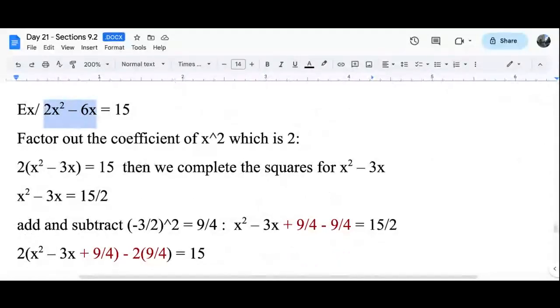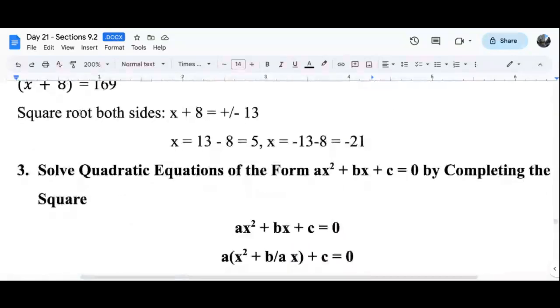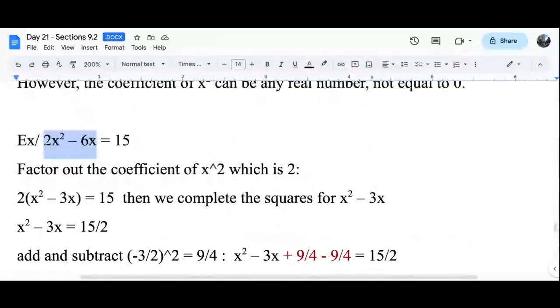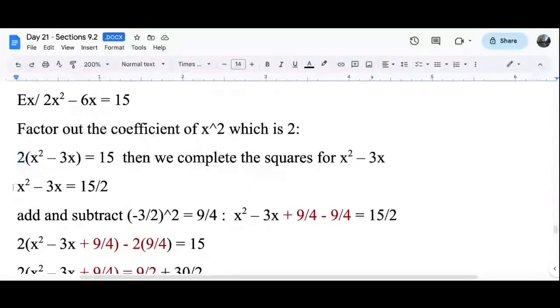So we started with this, right? The number before x squared is not 1 anymore. If you understand the ones with 1, the difference is this 2. So we factor out this 2, and once we factor out, we divide both sides. Do you see this is exactly the same as before now, because the number before x squared is 1 now?